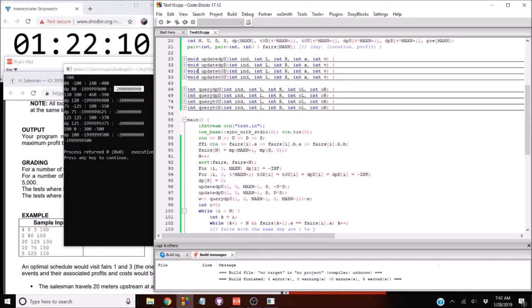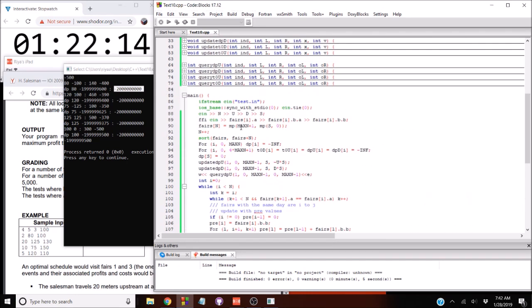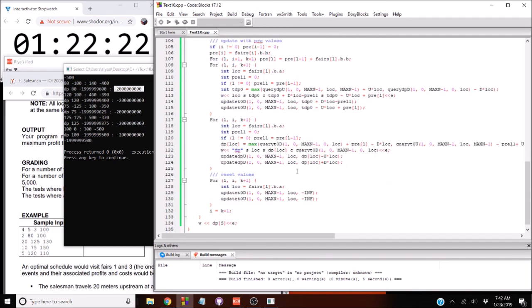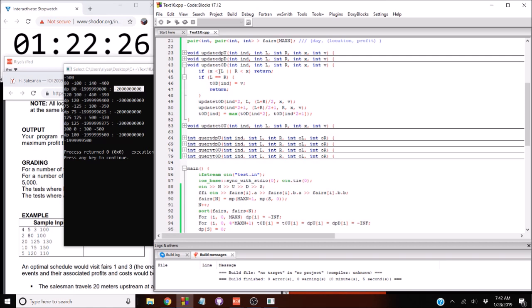So let's see, update TDP 0. Wait, I'm setting this to T0D, right? Something on the right.